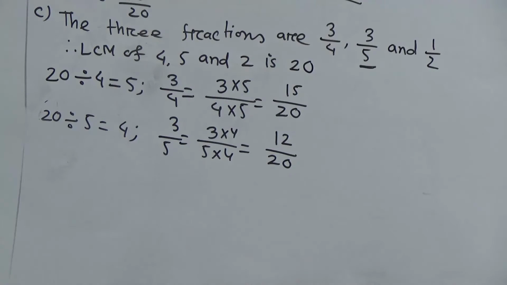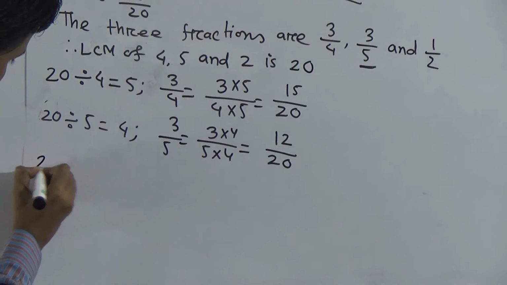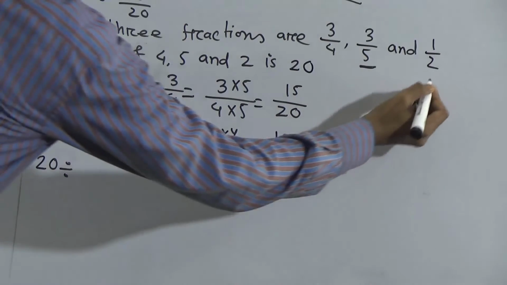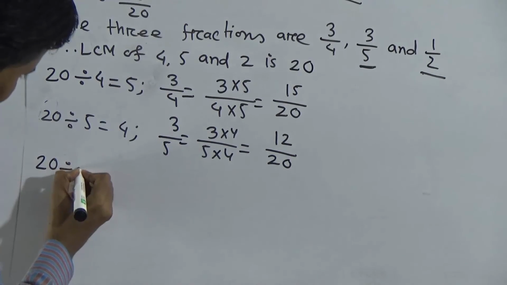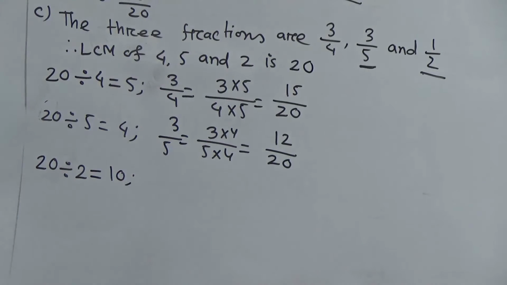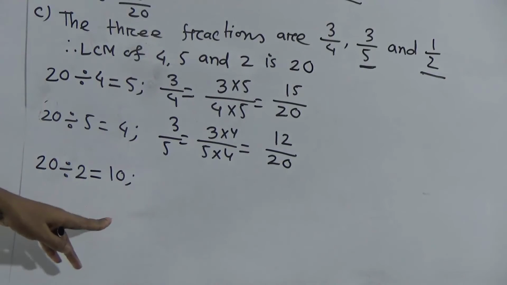Okay, dear student. Now the last fraction, 20 divided by which number? You see the 2. Then we get what? 10. Okay, you divide 20 by 2, then we get 10.